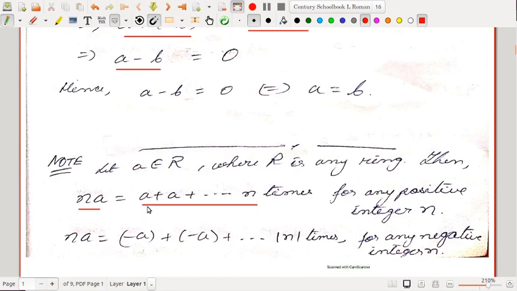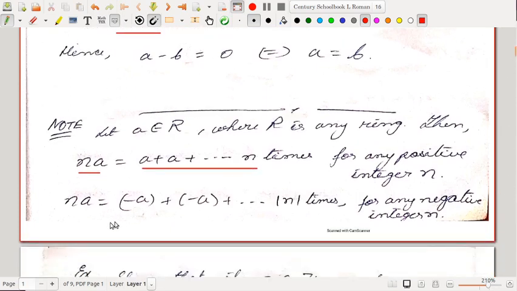So the expression A plus A plus A up to n times is written as n times A, n into A. This multiplication here is not the multiplication of the ring; we are adding A n times. And if n is negative, then nA means that we are adding the inverse of A mod n times.